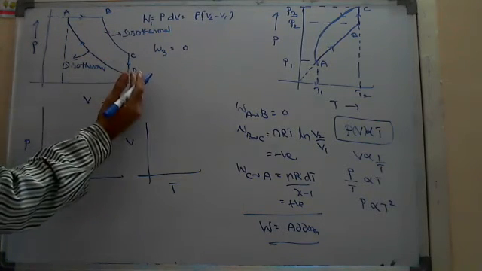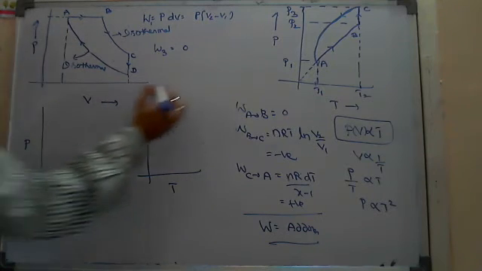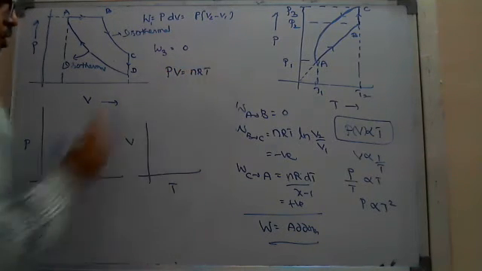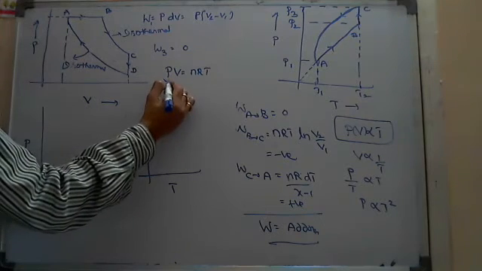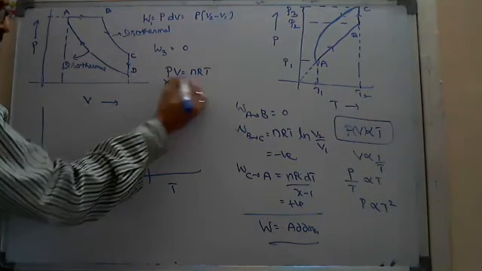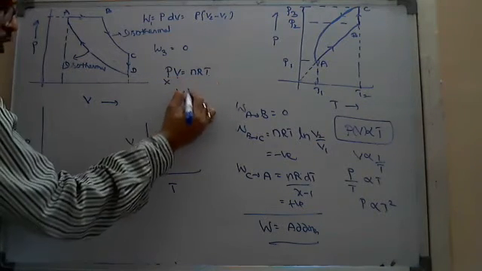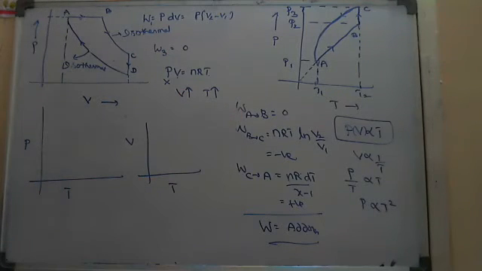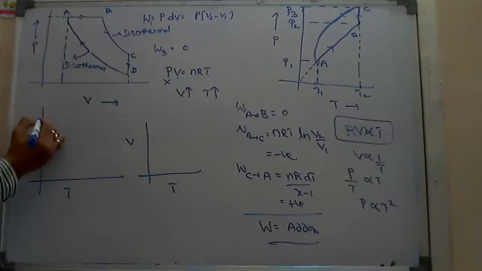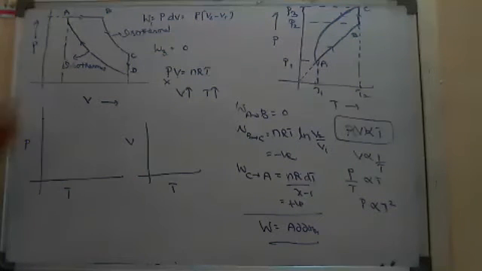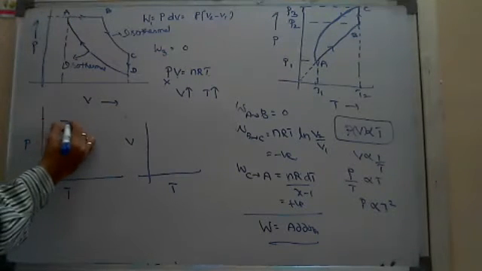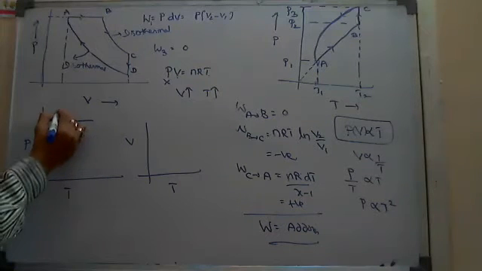Volume is increasing means, according to your ideal gas equation, keeping the pressure constant, temperature also increases. So we have to assume at one particular pressure the volume increases, so temperature increases here. This is first from A to B.